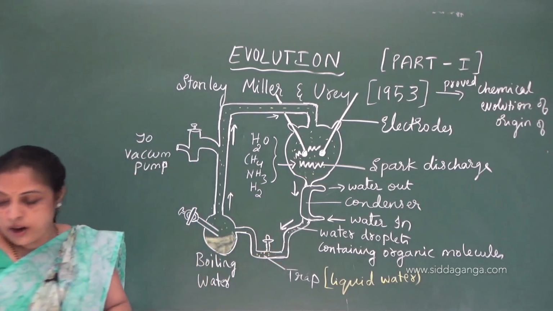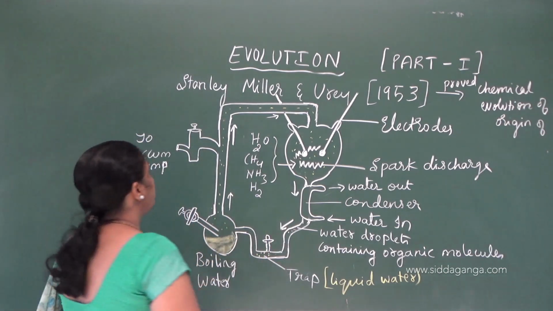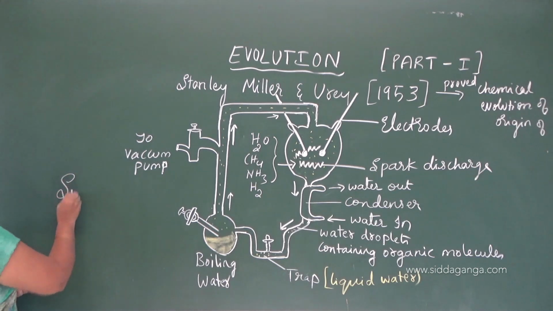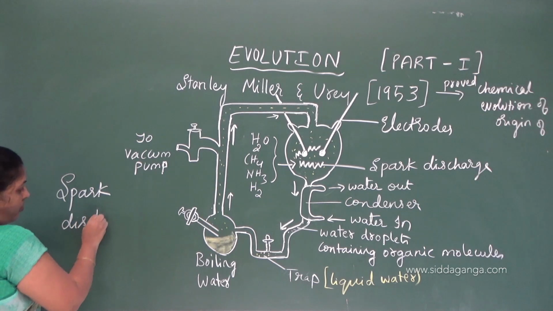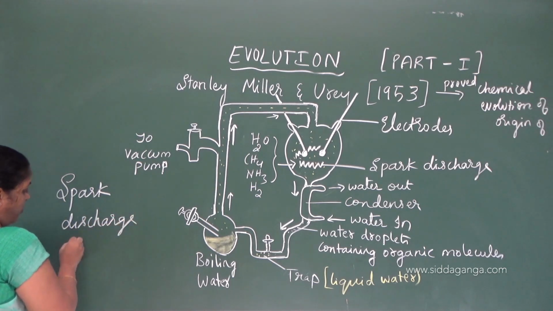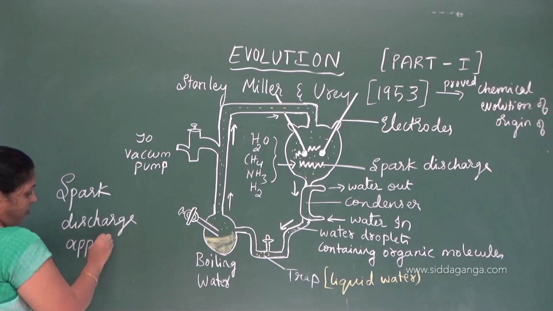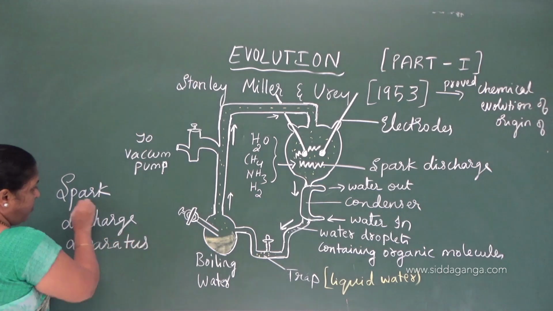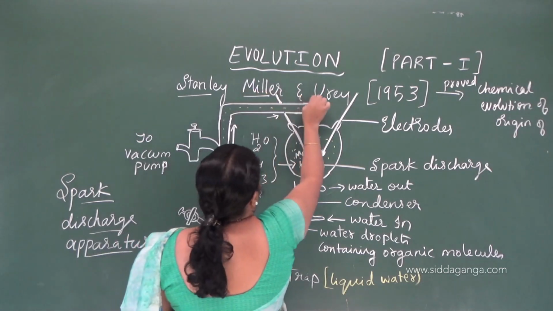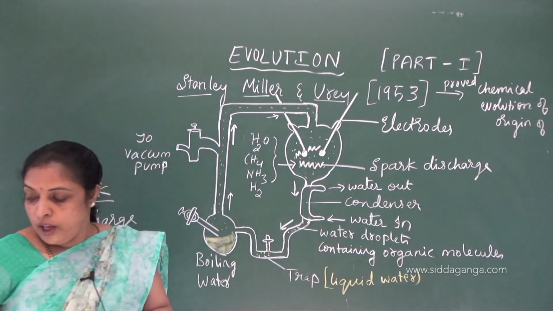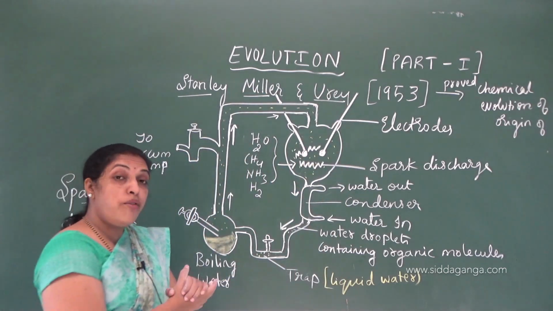So this is the spark discharge apparatus, which was set up by Stanley Miller and Urey to support the chemical evolution of origin of life.